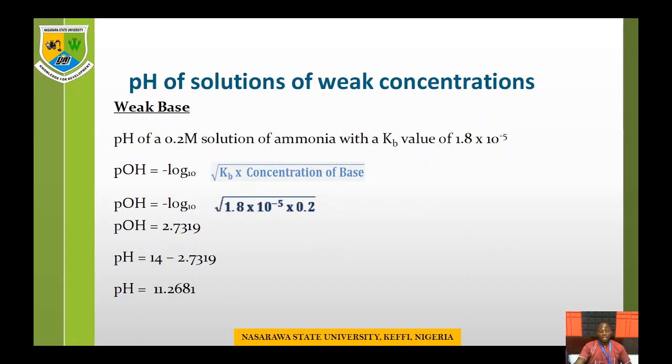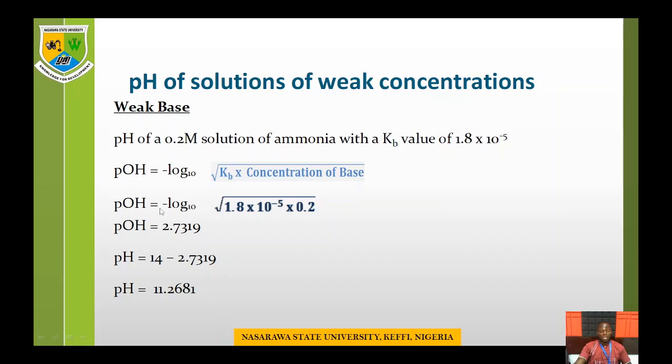So again, the pH of solutions of weak concentrations. This time around we are considering a weak base. Initially it was a weak acid. So it's the same formula. The only difference is that this time around we are dealing with Kb, which means the equilibrium constant of the base, and of course the concentration.